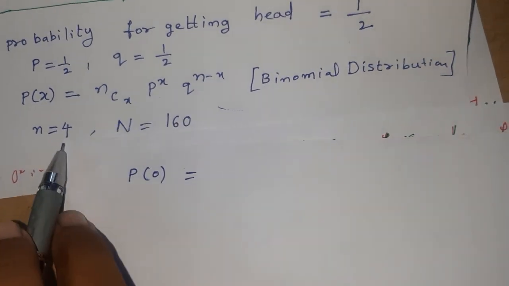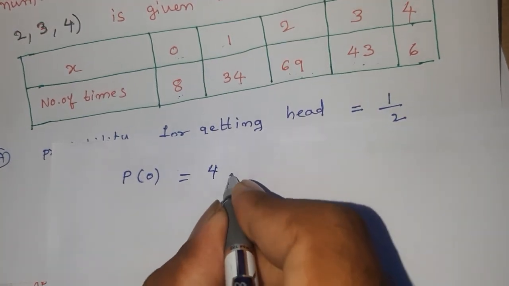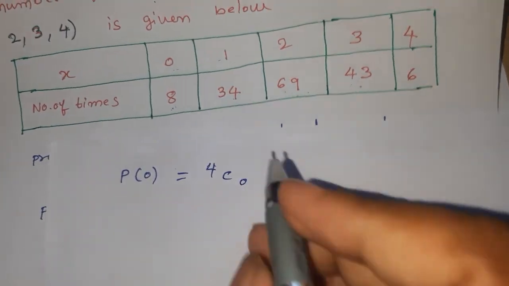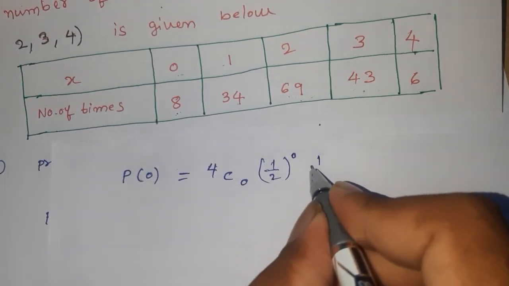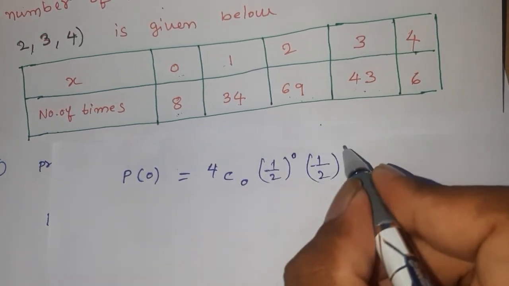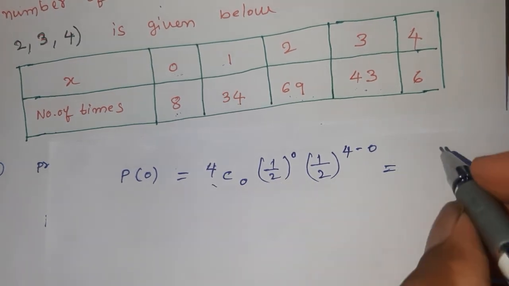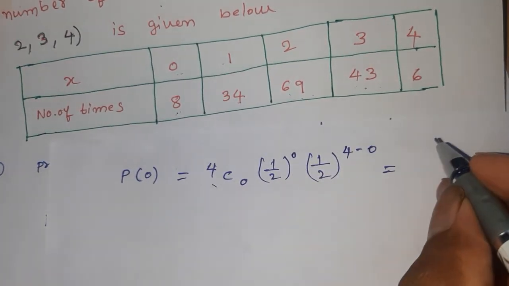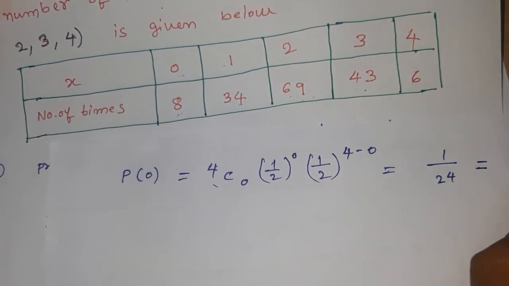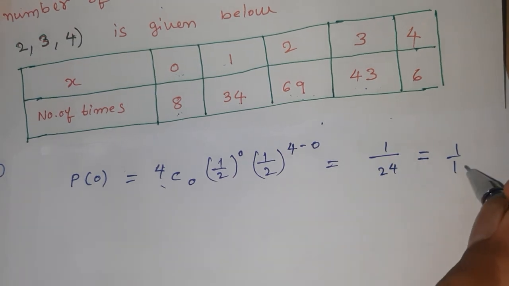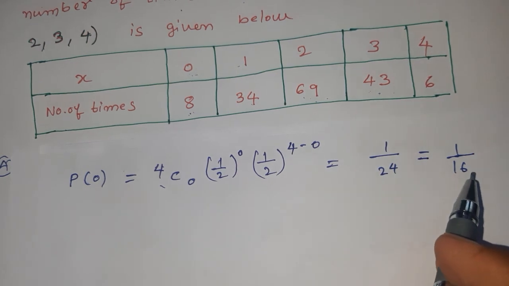Here n is 4, therefore P of 0, for 0 successes, is 4 c 0 into 1 by 2 power of 0 into 1 by 2 power of 4 minus 0. Here 4 c 0 value is 1, 1 by 2 power of 0 value is 1, therefore we have 1 by 2 power of 4, that is 1 by 16. Therefore P of 0 is 1 by 16.